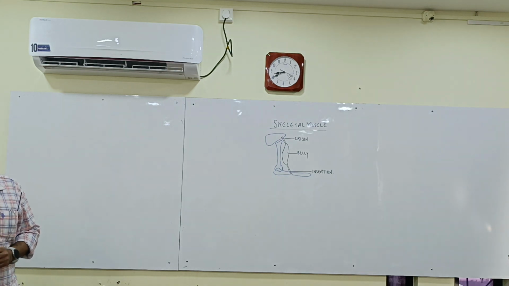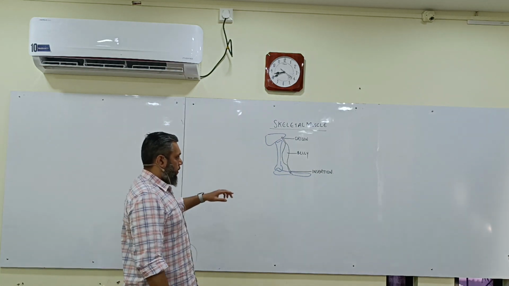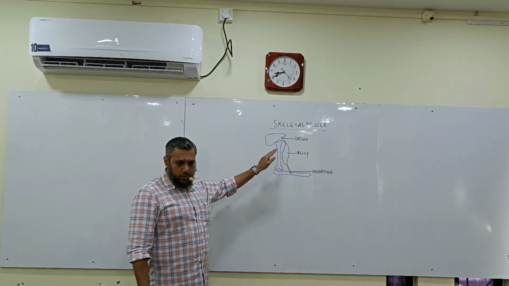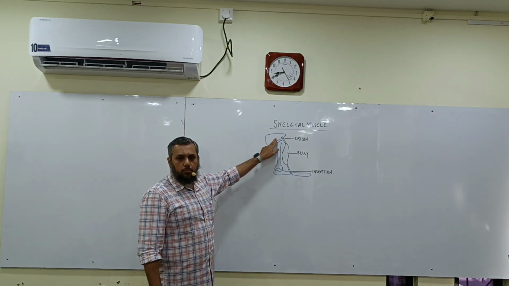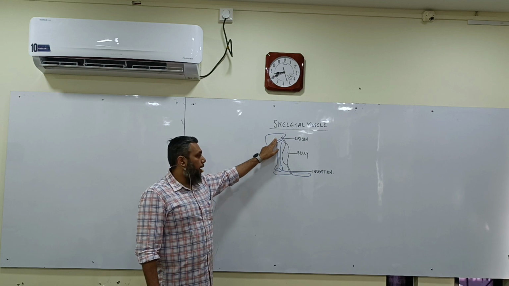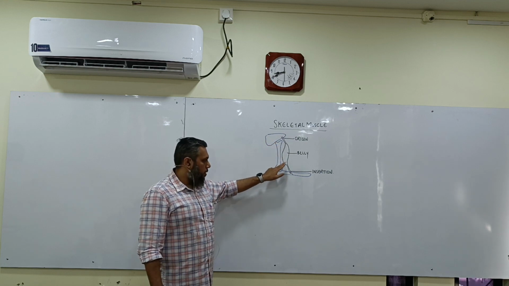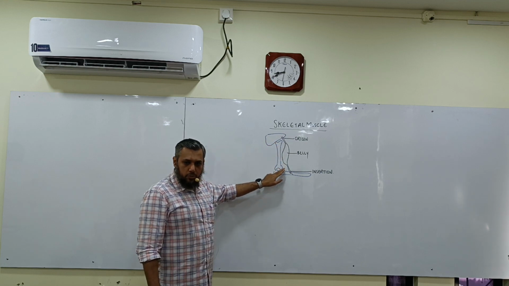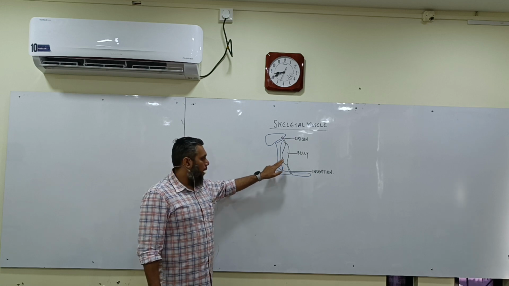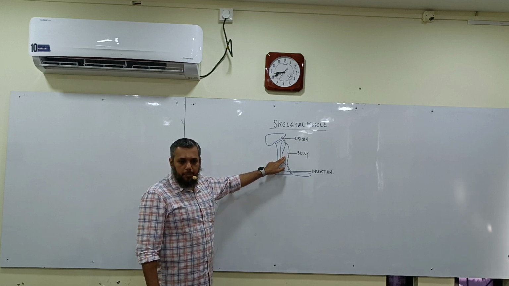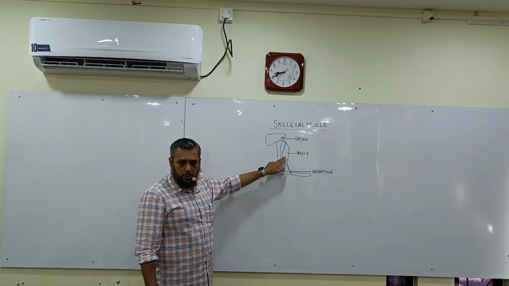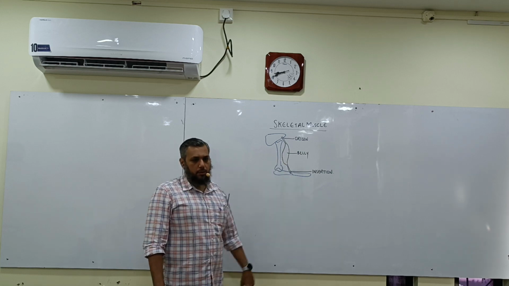What is the origin? It is a part of the muscle that is attached to the immovable bone. And what is the insertion? It is a part of the muscle which is attached to the movable bone. And what is the belly? It is the middle part and the main part of the muscle.